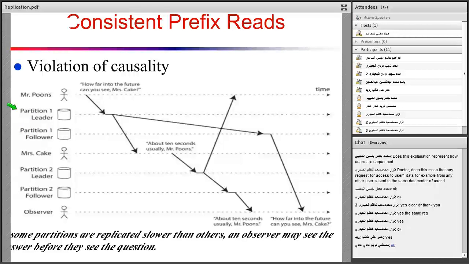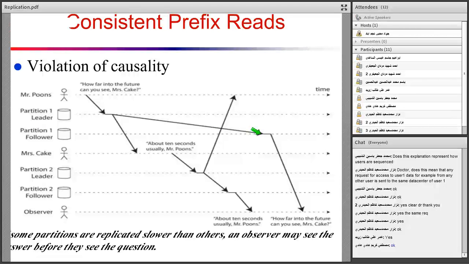The leader sends this change log to the follower, and the change log is received by the partition 1 follower at this time.